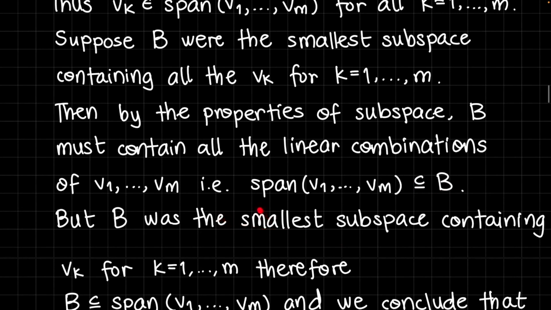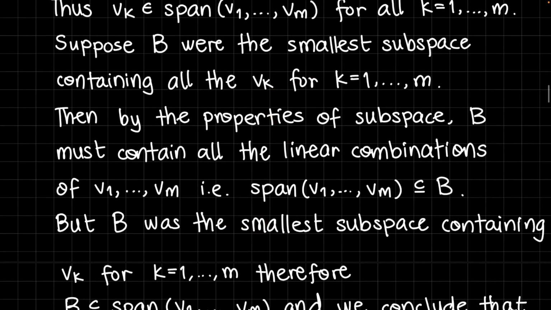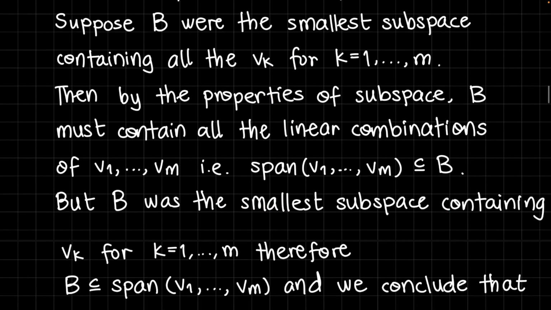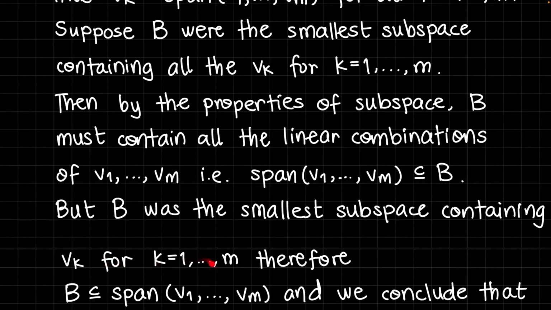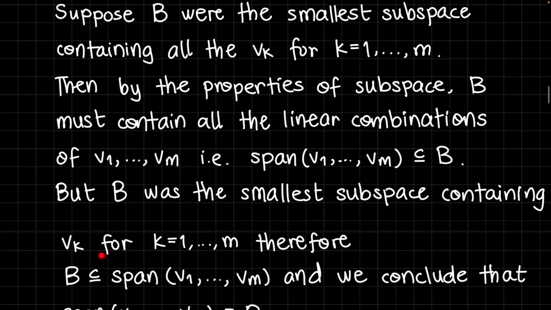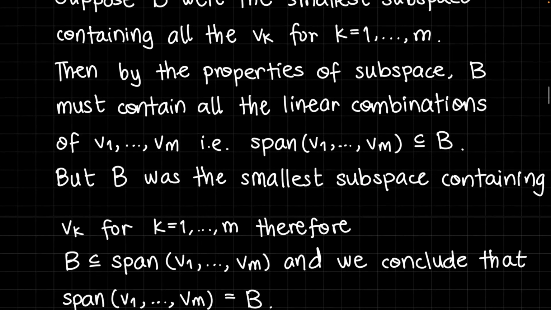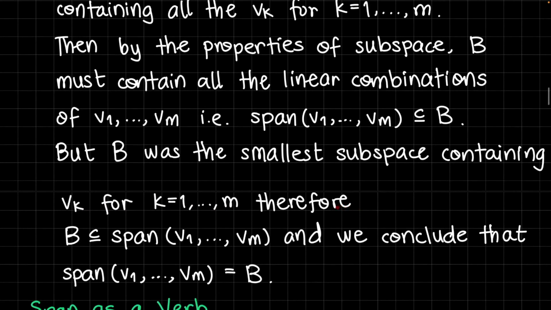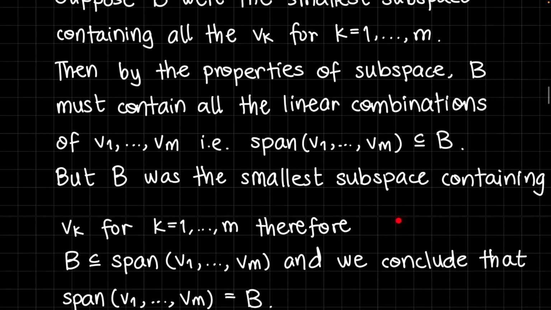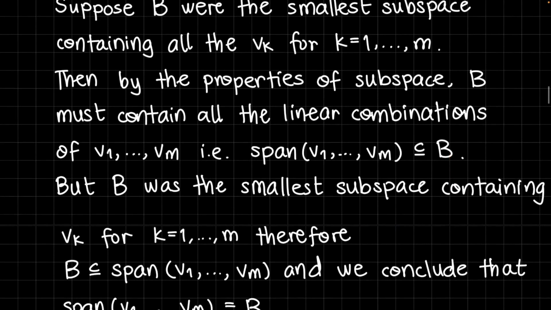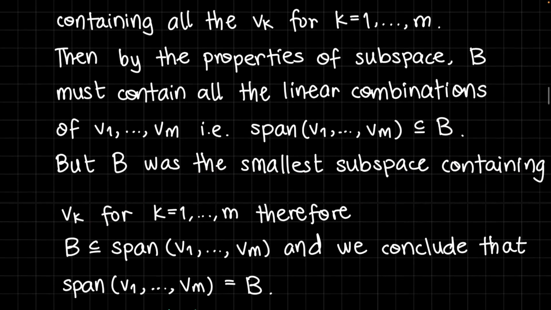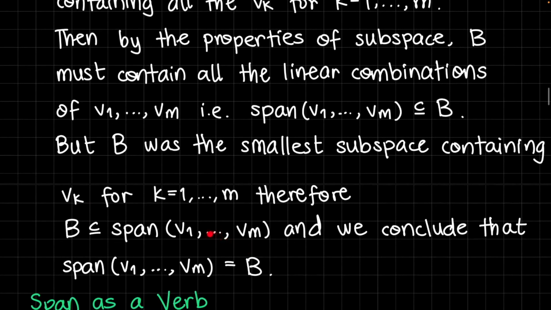But B was, as we supposed, the smallest subspace that contained vk for k equals 1 through m, so that contained all the vectors in the list. Therefore, the span, which was also a subspace that contained the list vectors, must be larger than it, or B must be inside the span because B was the smallest subspace.